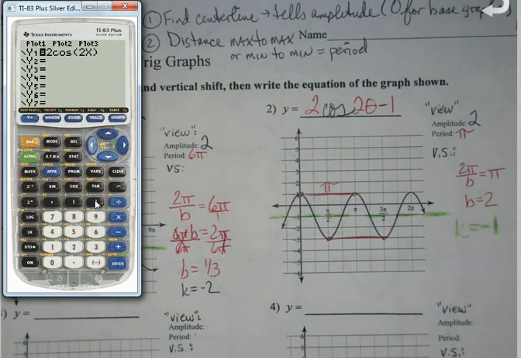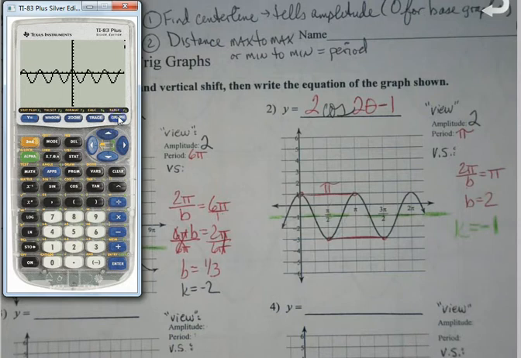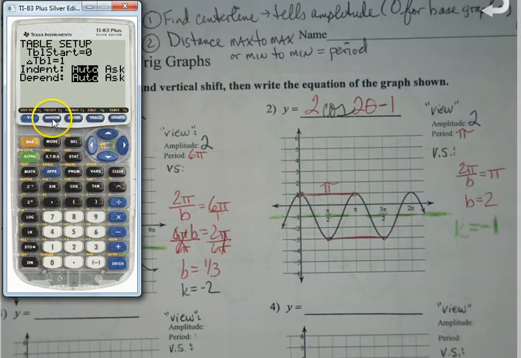So I have 2 cosine of 2x -1. And I'm looking at this mainly for the picture. So then I can look at the graph, and I can see basically if I'm getting the same picture or not. If you really wanted to check, you can still take your table set, and maybe since this graph goes by pi over 2's, we go by pi over 2.